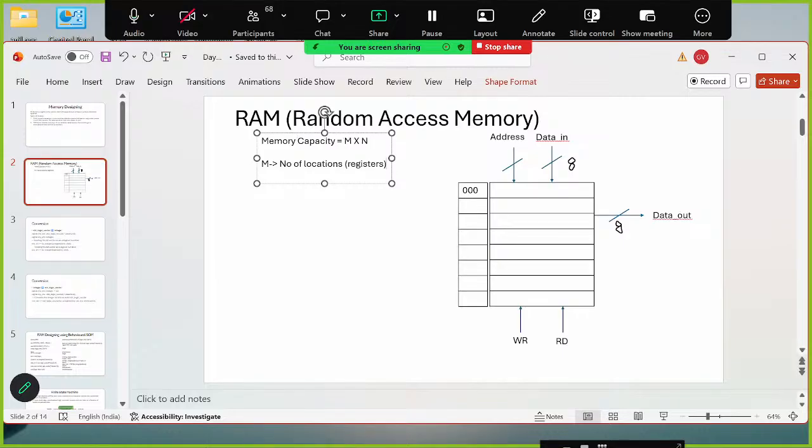Similarly, n stands for the data that can be stored in one location.